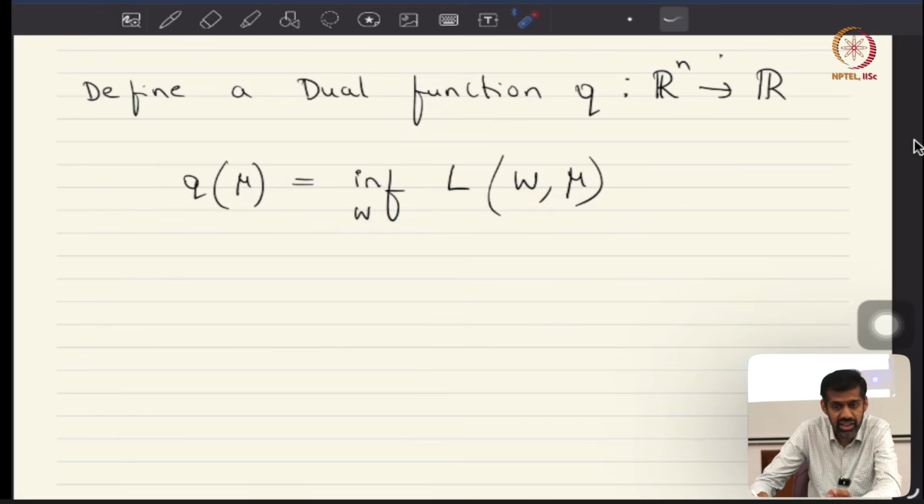So we navigate through the W space and find the value of this L for which it is minimum in the W space. That becomes a function of mu. So that's the dual function. Is it the greatest lower bound or the least upper bound? Yes, it is the greatest lower bound.